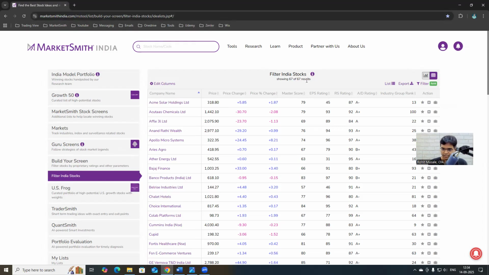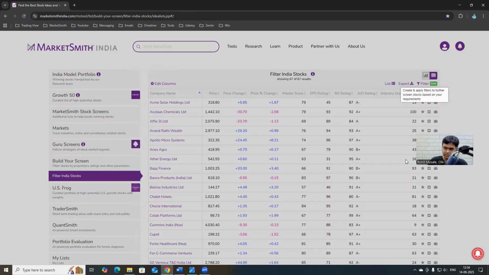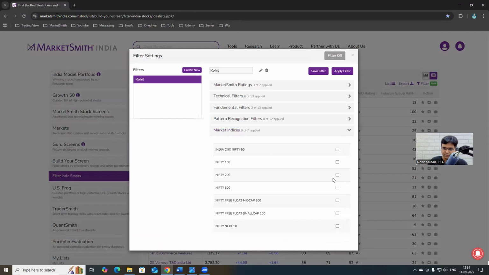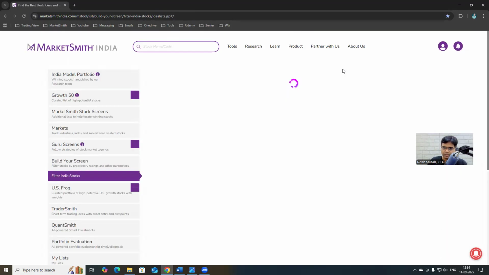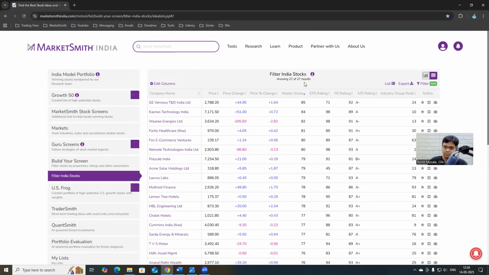So if you decide that you only want to stick to CNX 500 because all the money is there, and you put a filter like, let's say, market index, you go to Nifty 500, you save this, and you go here, you see from 67, it goes to 27, which means out of 67, only 27 stocks belong to the CNX 500 list.